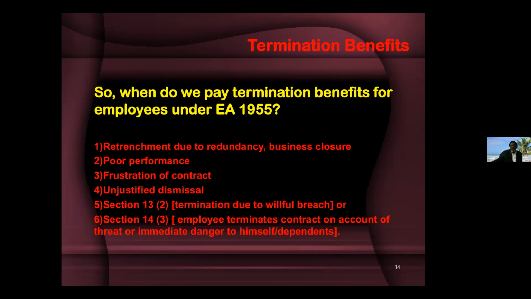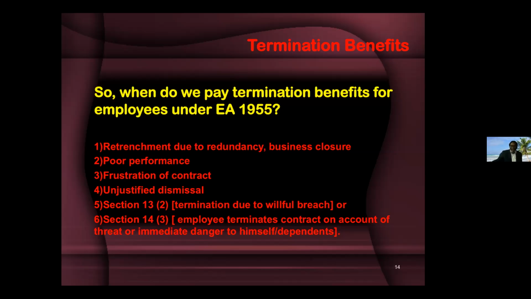So the definition of frustration of contract is that something happens in which case either party is not able to perform his duties under the contract. So there is no termination per se from either the employer or employee.